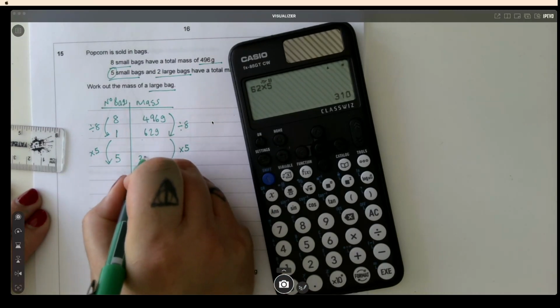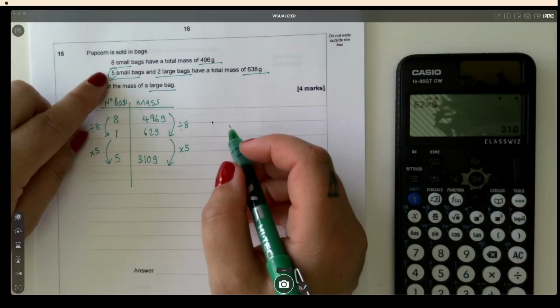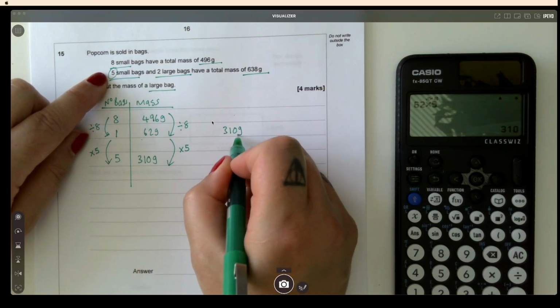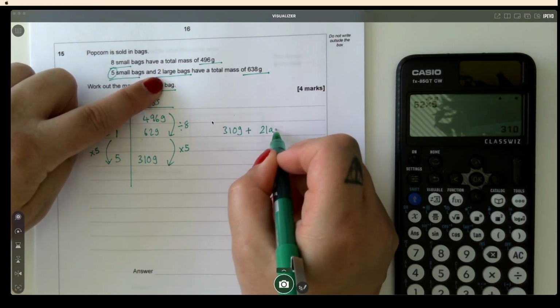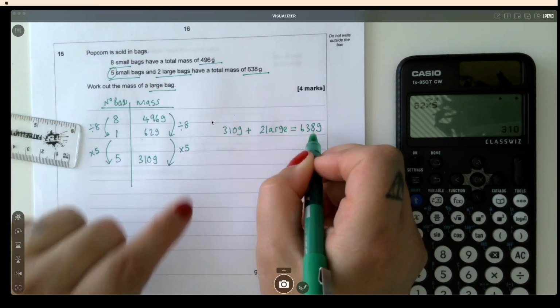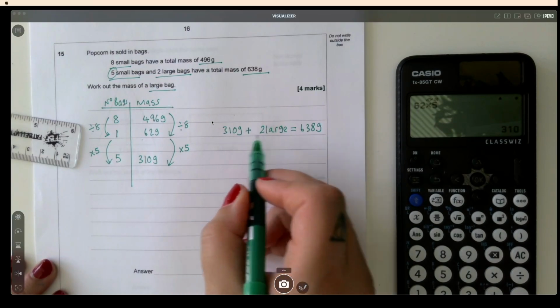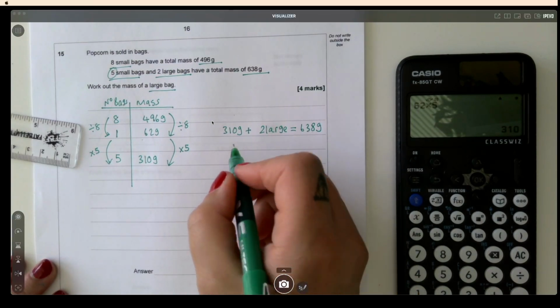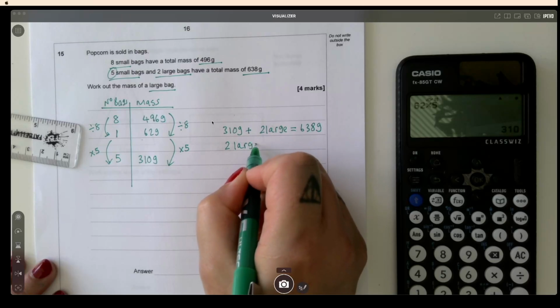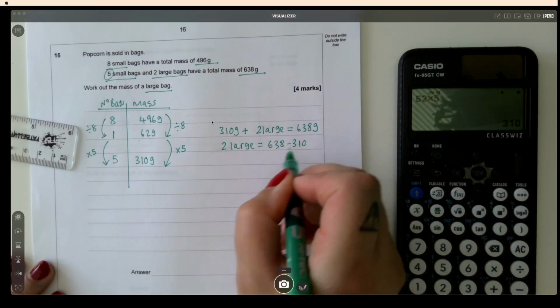So 5 small bags weigh 310 grams. So 5 small bags, 310 grams, plus 2 large bags must equal 638 grams. So if I take away the 310 grams for the small bags from 638, it'll tell me what 2 large bags weigh. So 638 subtract 310.